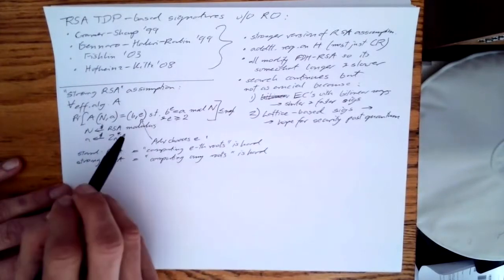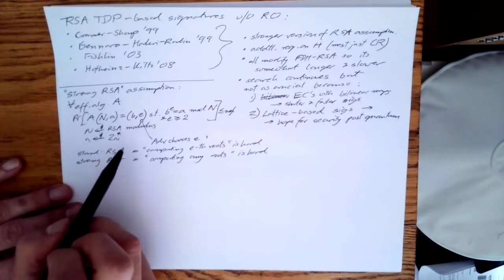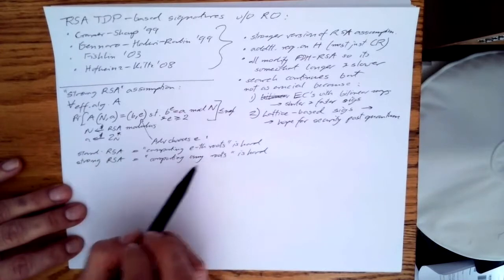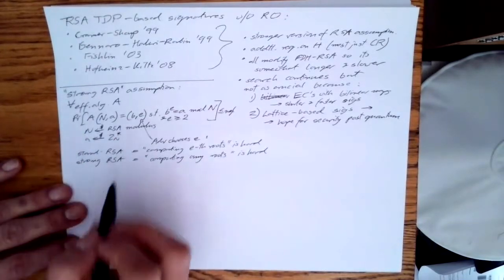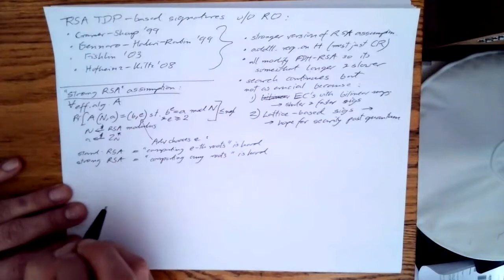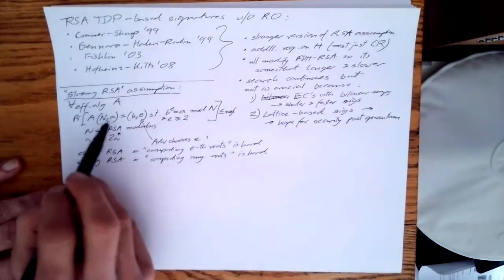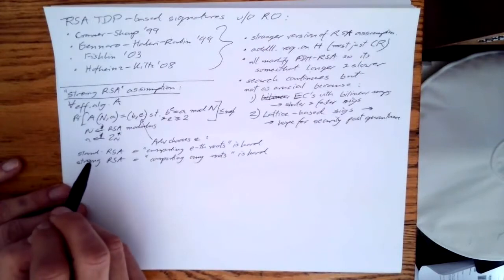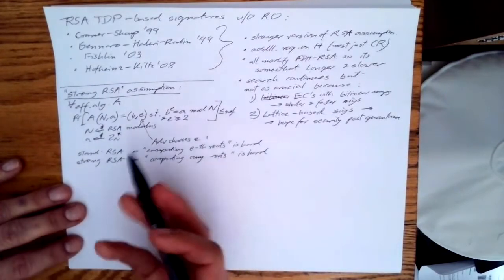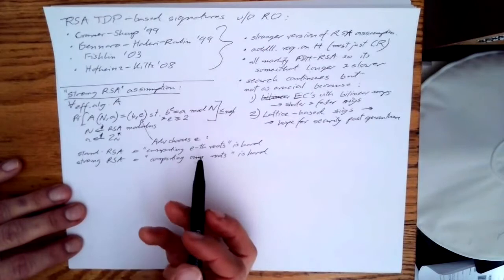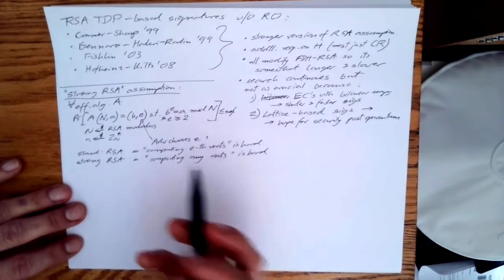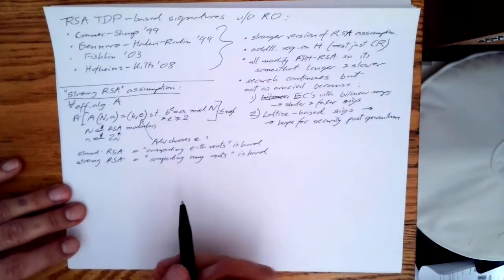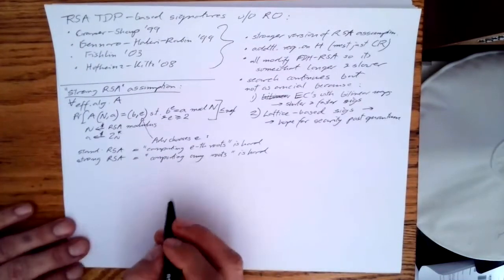In fact, computing second roots is equivalent to factoring. This assumption says, even if you had a choice of which root you wanted, you can't do it. And we know of no weaknesses in this assumption apart from generic weaknesses of factoring. Okay.